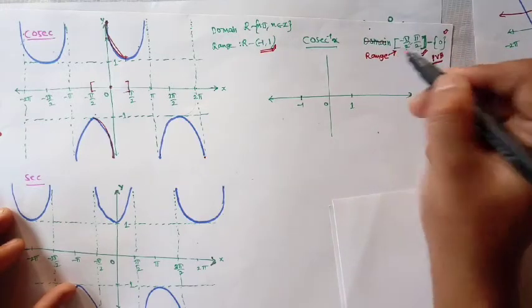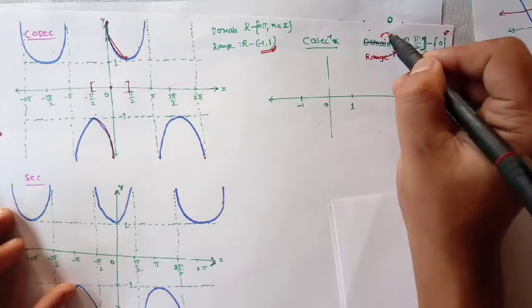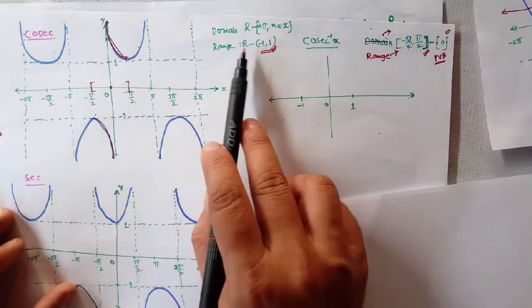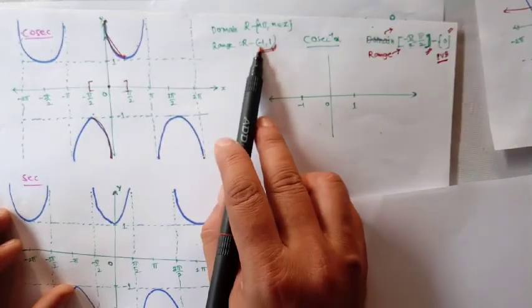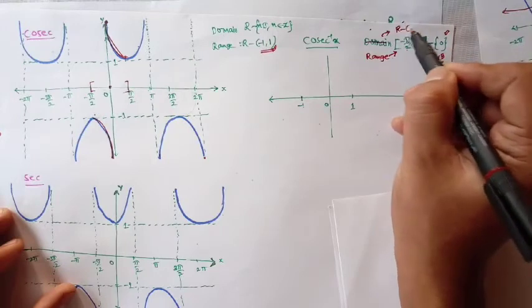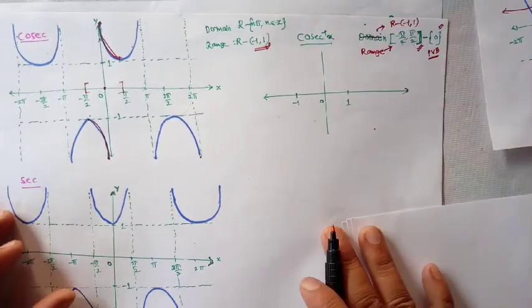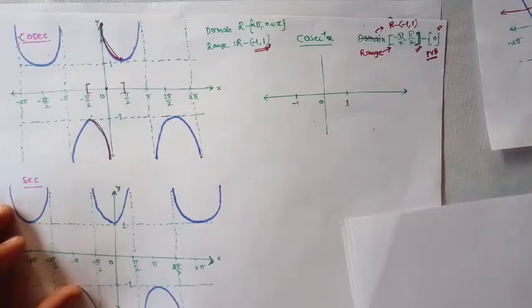Then the domain is going to be the range of cosec, which is R minus the interval minus 1 to plus 1. So writing the same here, R minus minus 1 to plus 1. Now I'll see minus 1.